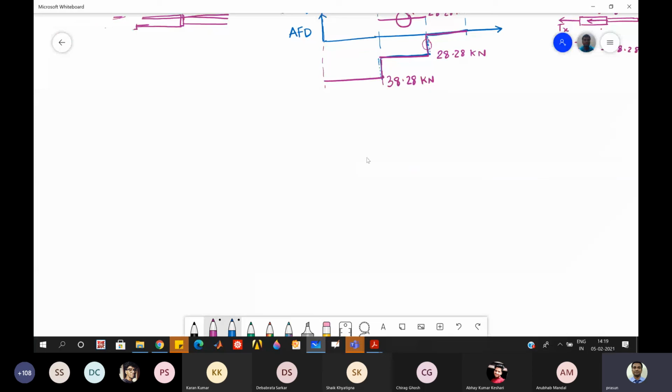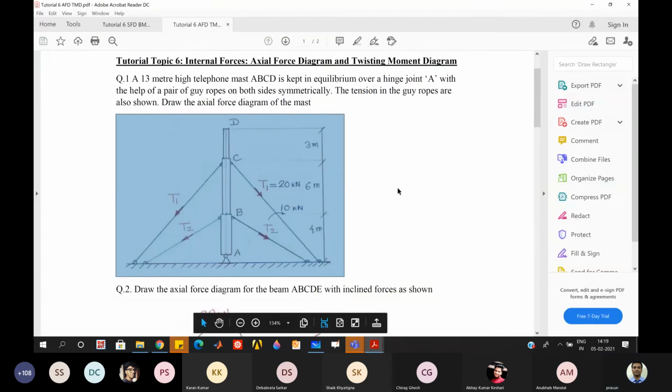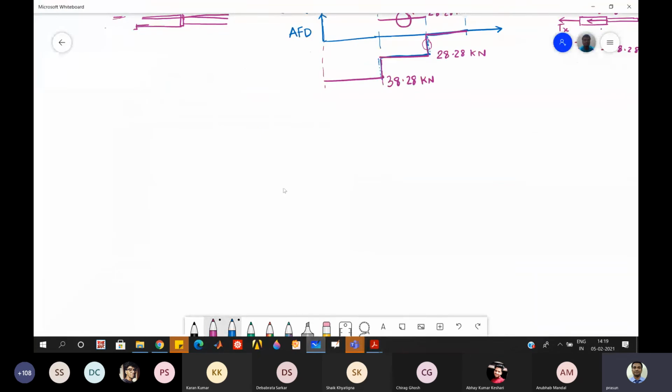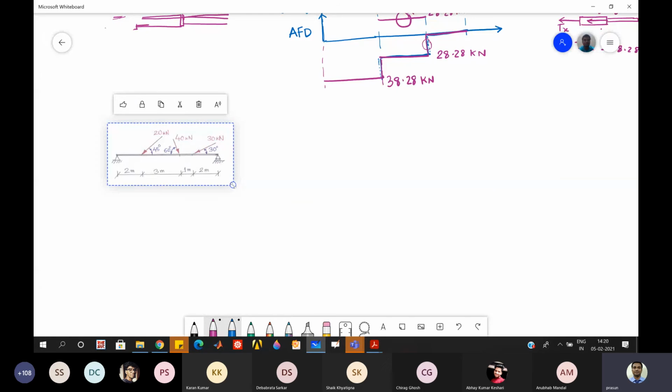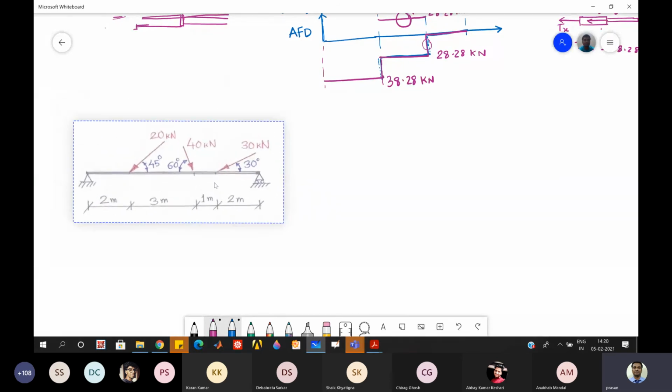Axial force in the component. Now, if I try to see the next question, here you can see this problem along the axial direction. I have forces as well as in the perpendicular direction.